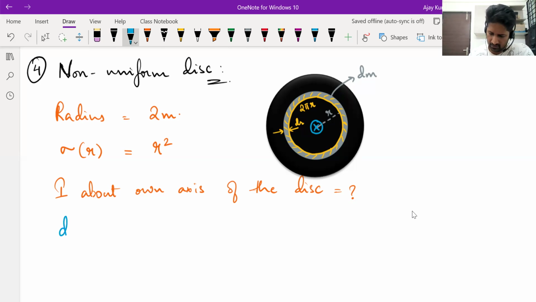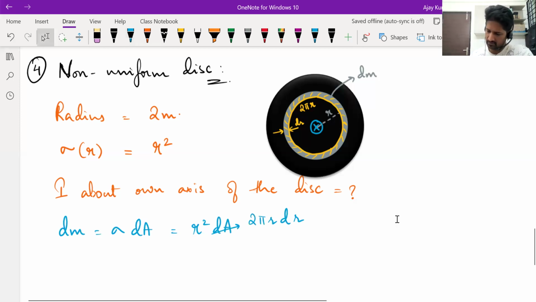Okay, dm is equal to sigma dA, which becomes r square dA. That's fine. And then? Sir, I wrote dA is 2 pi r dr. Okay. Correct only.